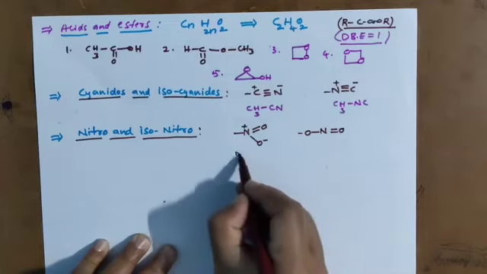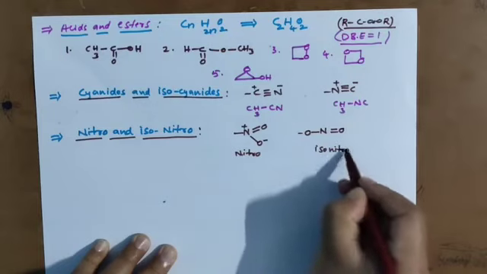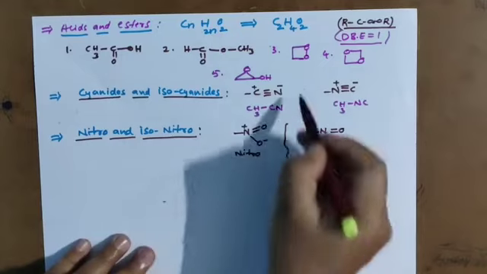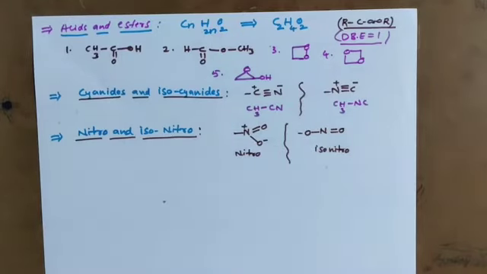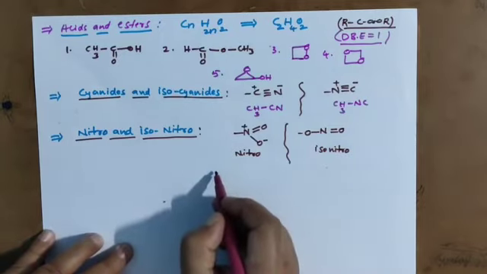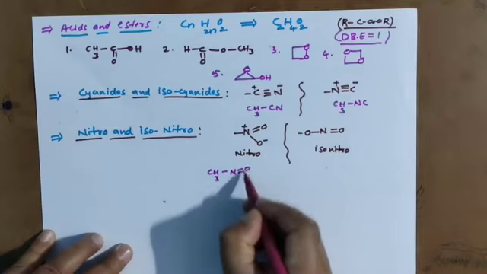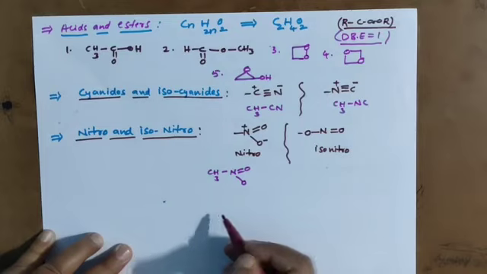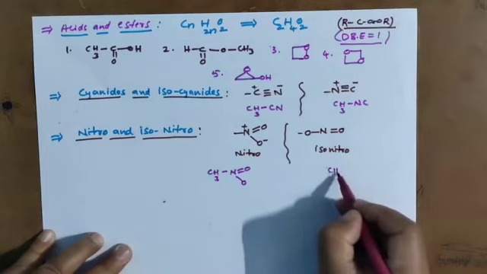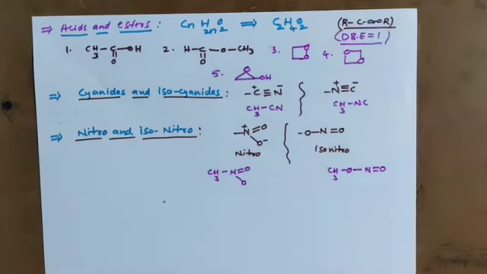Here I am drawing the structure: for nitro, CH3 bond N double bond O; for isonitro, CH3 bond O bond N double bond O. Clear?